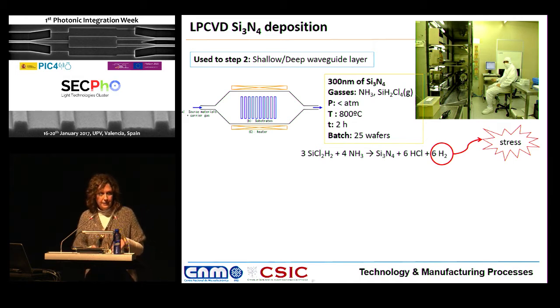This technique gives us a problem, which is that the content of hydrogen in the layer is very high, almost 80% of hydrogen. So it could produce some losses and also some stress that again produces losses in the propagation of the light.